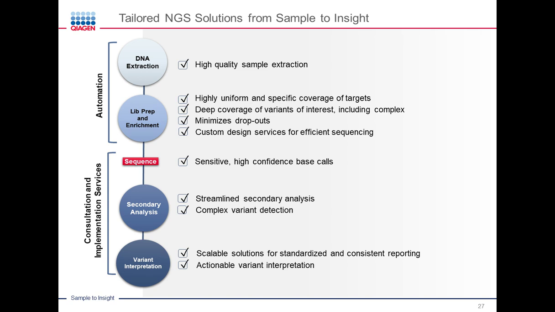The QIAGEN products can truly take the process from sample to insight, from DNA extraction, library prep, and enrichment, to sequencing, to bioinformatics, secondary analysis, variant interpretation, and clinical reporting, providing a single solution from end to end.